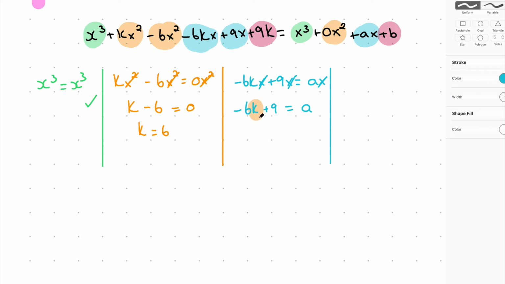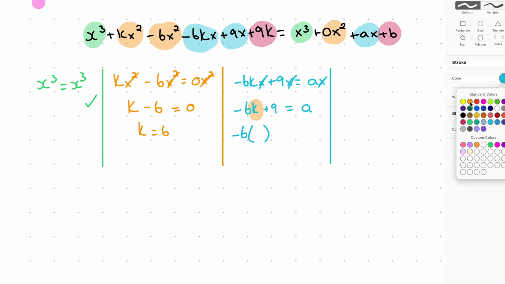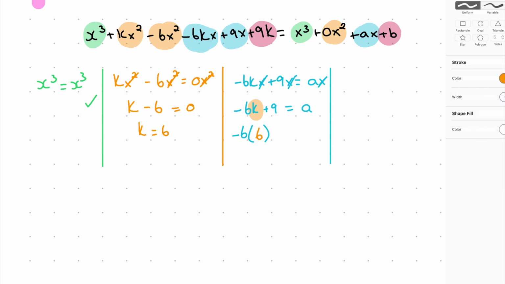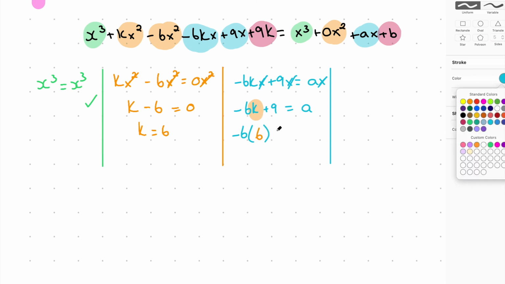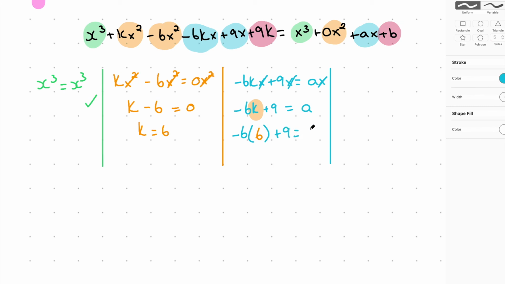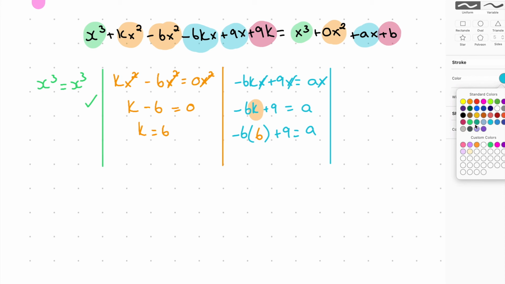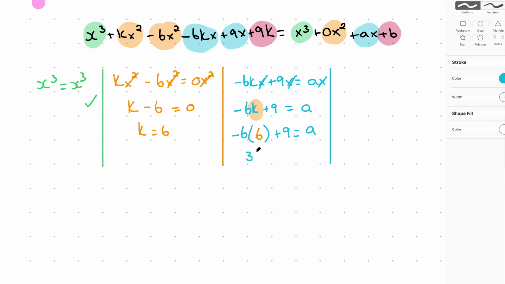So I'm actually going to take out that k and I'm going to go minus 6 multiplied by 6 plus 9 is equal to a, apologies. I can tidy that up. I can multiply that out and I'm going to get minus 6 by 6 is 36 plus 9 is equal to a. Therefore, a is equal to 36 plus 9, which is 44.